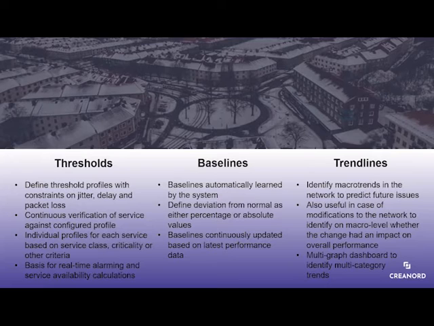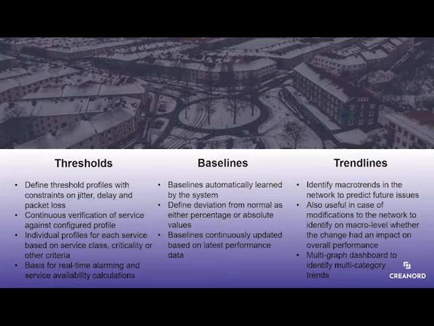Then the baselines. These are automatically machine learned by the system by looking at historical data and then calculating a baseline for how the network should perform at certain times of the day. And then you can define the deviations, both in terms of percentages from the baseline or absolute values. So if the network is 5 milliseconds slower than it usually is, then you should get a notification.